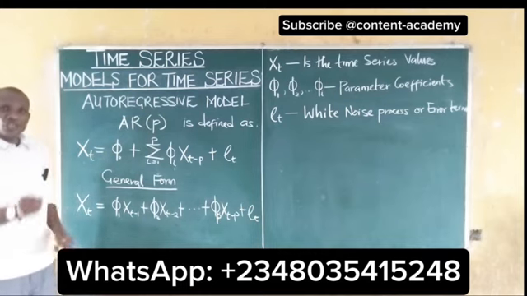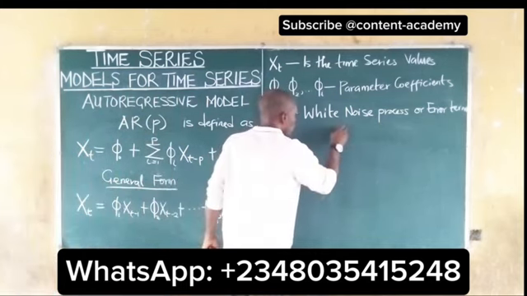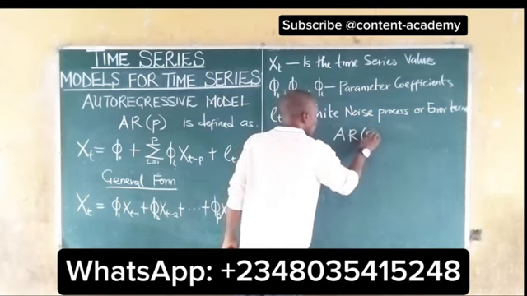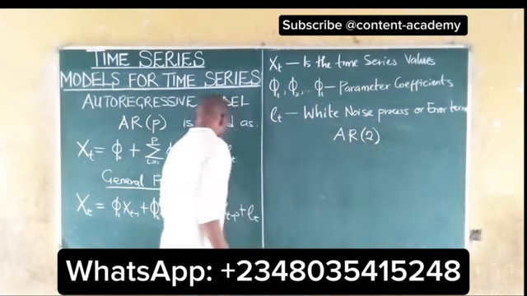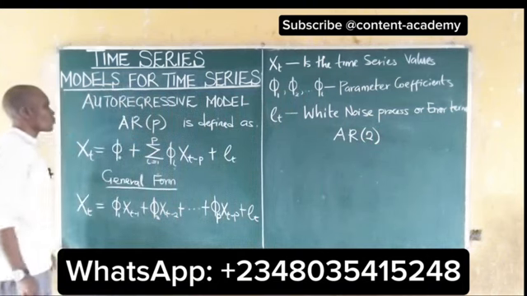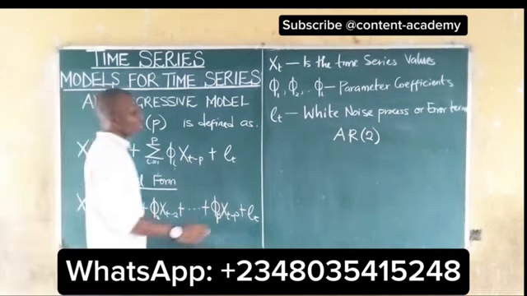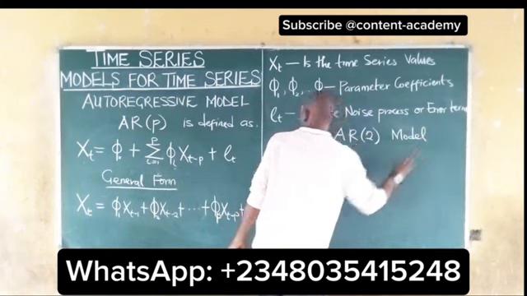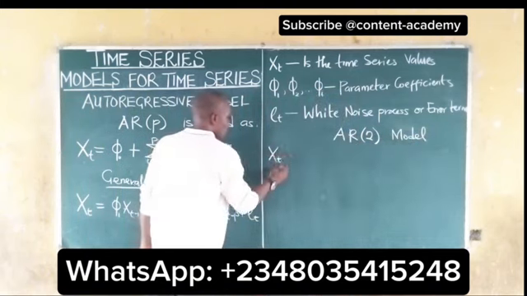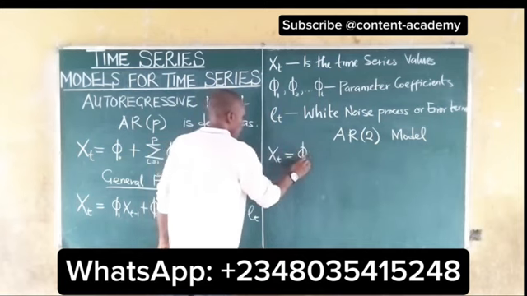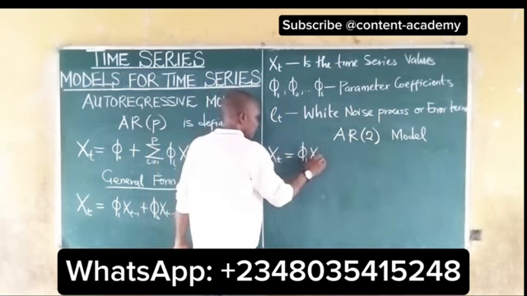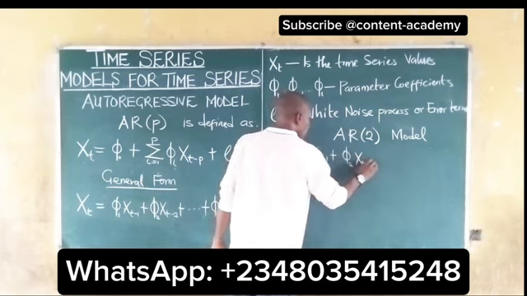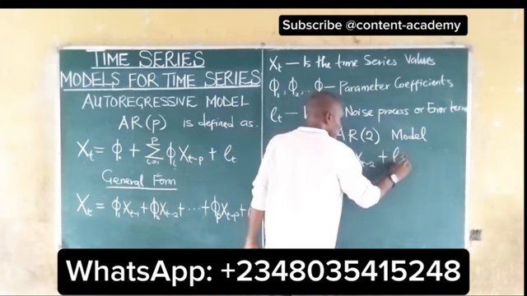Now, to take just a little example, if you have an autoregressive model of order 2, we can write it as x_t equal to phi_1 x_{t-1} plus phi_2 x_{t-2} plus e_t.